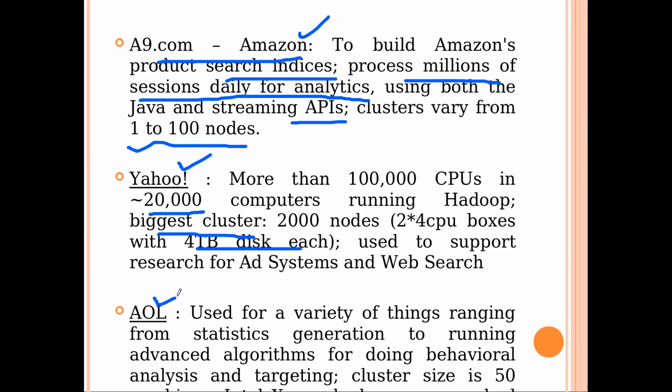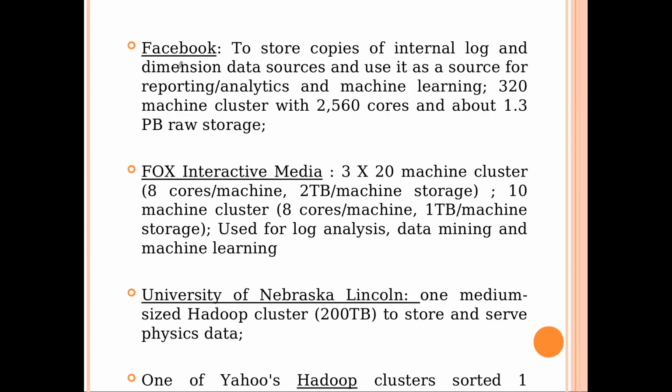Then another system is AOL, which is used for a variety of things ranging from statistics generation to running more advanced algorithms. Then Facebook is another organization. Similarly, Ford's system, then University of Lincoln. All these follow the Hadoop system for managing or manipulating big data.